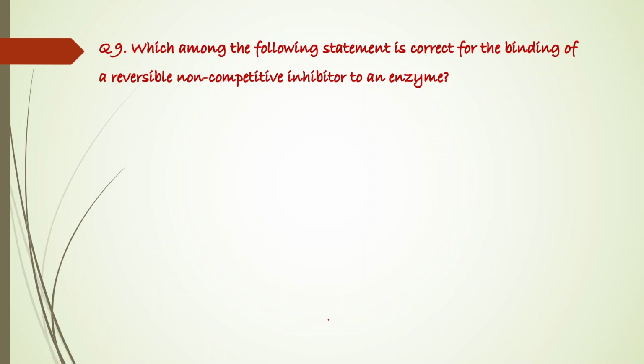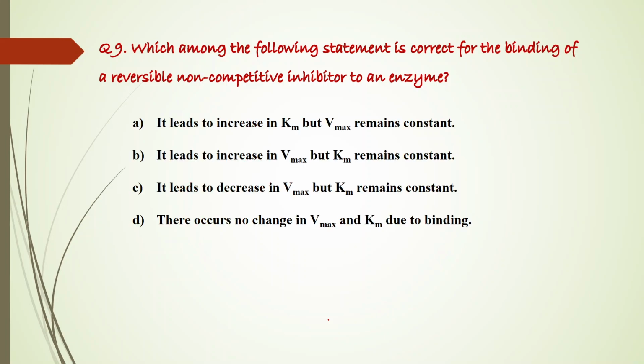Which of the following statements is correct for the binding of a reversible non-competitive inhibitor to an enzyme? I will not spend much time on this because I have explained all this in the last session as well. If we remember the graph for non-competitive inhibition, it is V versus substrate concentration, without inhibition. Now in case of a non-competitive inhibitor, our graphs look something like this.